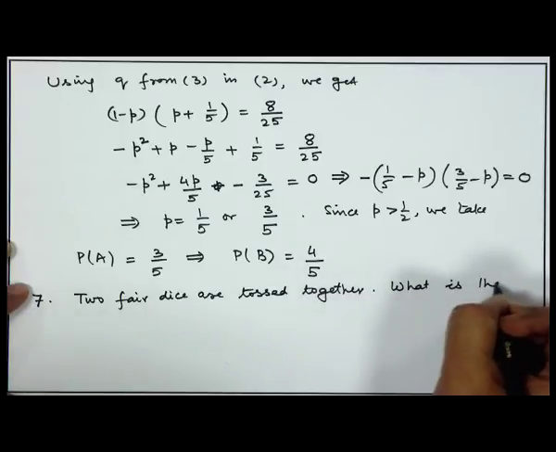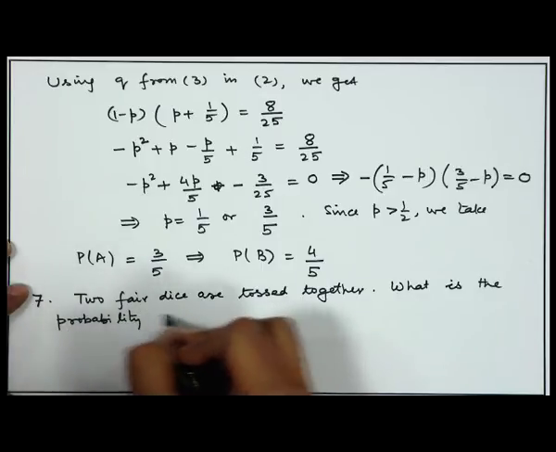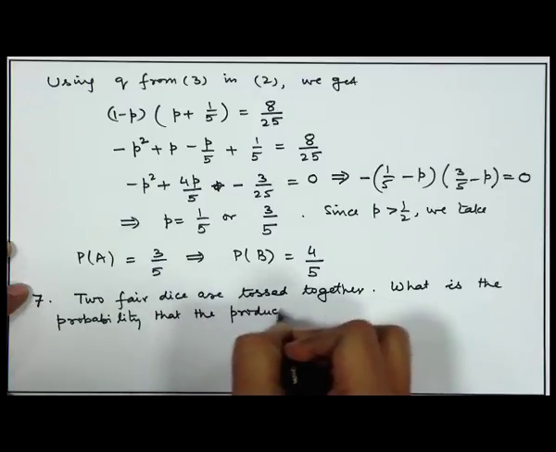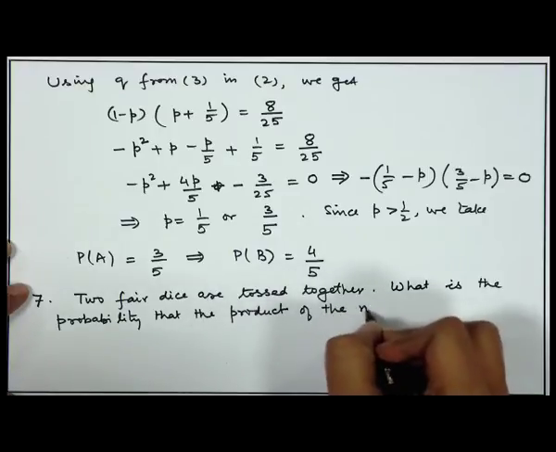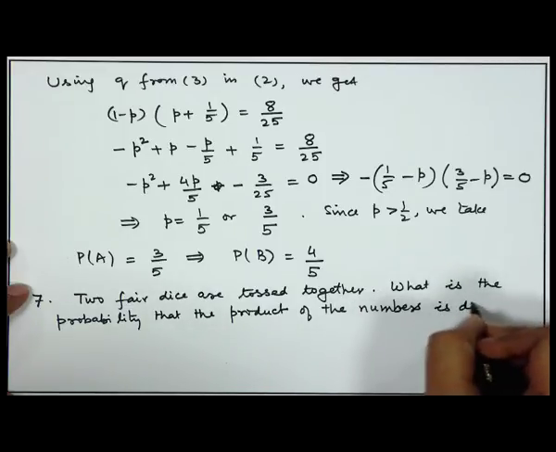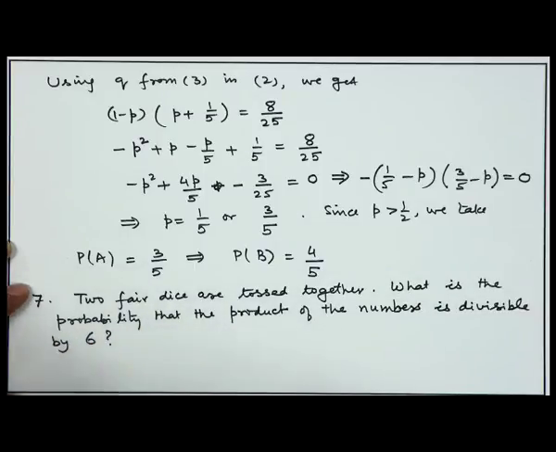What is the probability that the product of the numbers is divisible by 6? So, when the two fair dice are tossed, we look at the numbers observed on the upper faces and we multiply them. So, what is the probability that this product is divisible by 6?